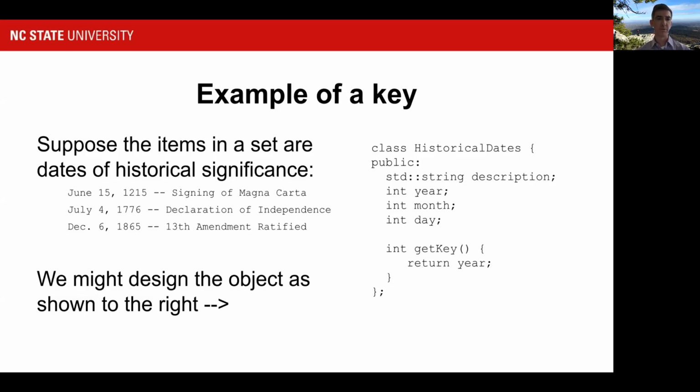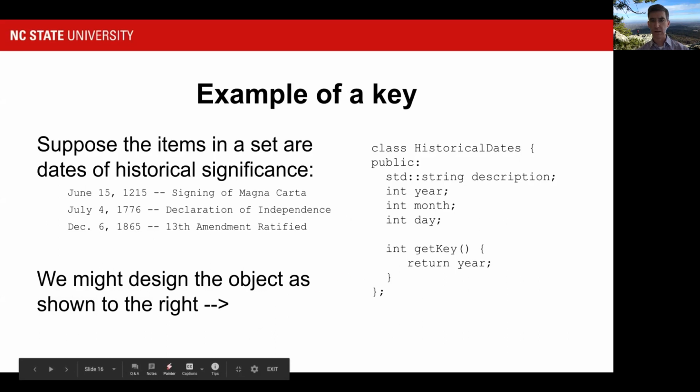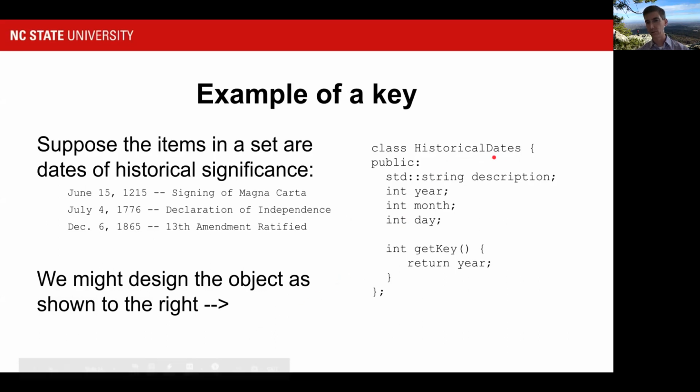Here's an example. Suppose the items in a set are dates of historical significance. Maybe I have this class over here to the right that represents historical dates, and I have a string that explains what the date is, and then a year, month, and day that tells me when it happened. Over here, I'm showing you some things I might want to store in this set, like June 15th, 1215.